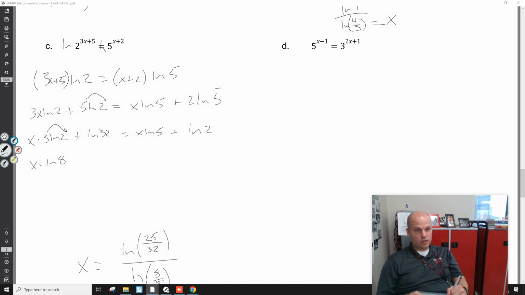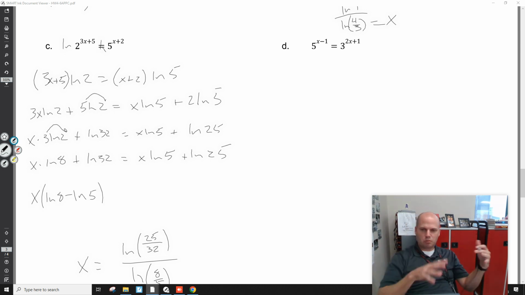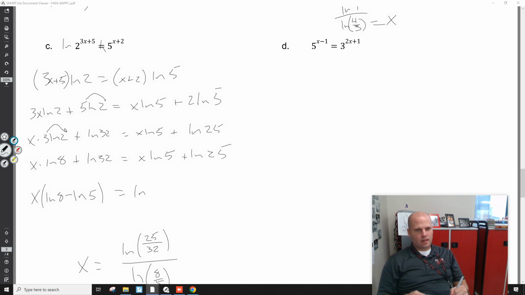Here, ln 25. So you end up kind of getting the same thing, but you got to know how to deal with it. Subtracting ln 5x's from ln 8x's, I have ln 8 minus ln 5x's. Again, you could subtract it and then factor out the x to kind of see that. Here, I'll have ln 25 minus ln 32.